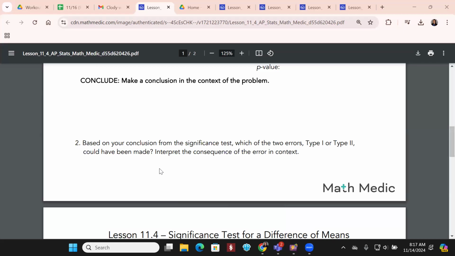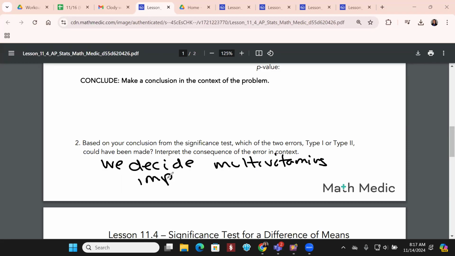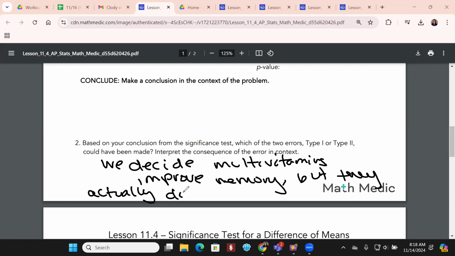No. So we decide multivitamins improve memory, but do they really? No, they actually don't. So people are wasting their money, right?